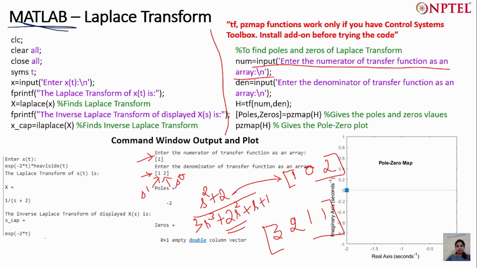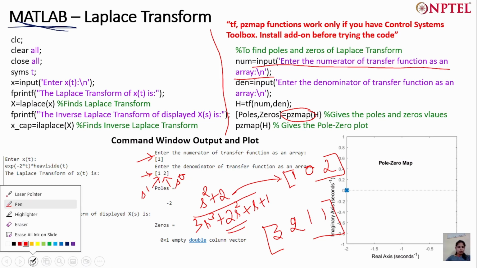From the left it represents higher powers: s cube, then s square, s, and then the constant. In this manner, if I give the numerator and denominator of the transfer function, I can get the poles and zeros by using the pzmap function, pole zero map.